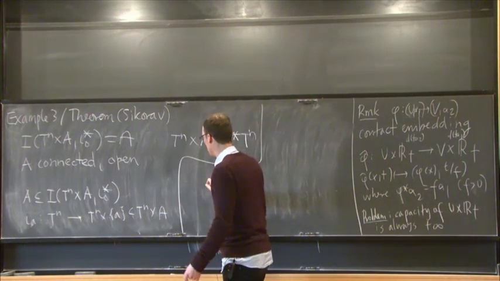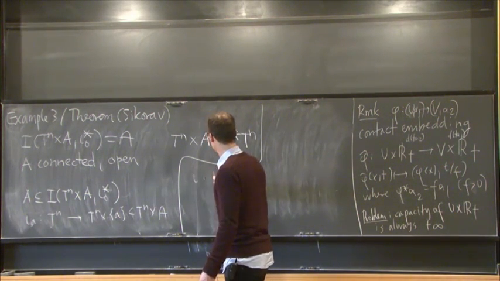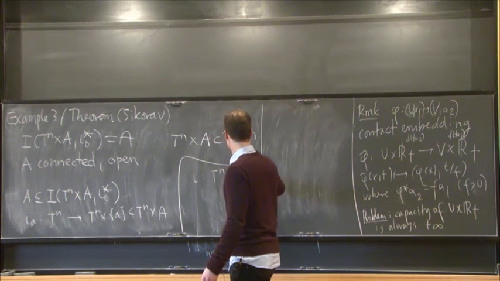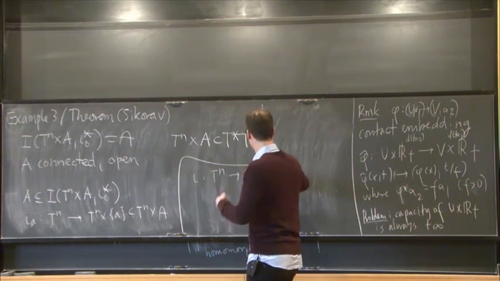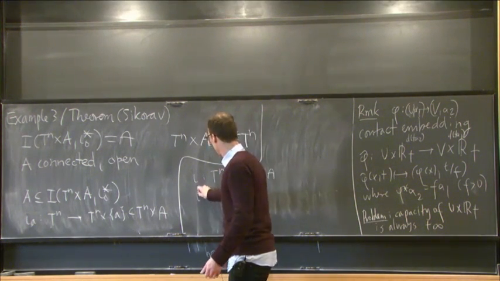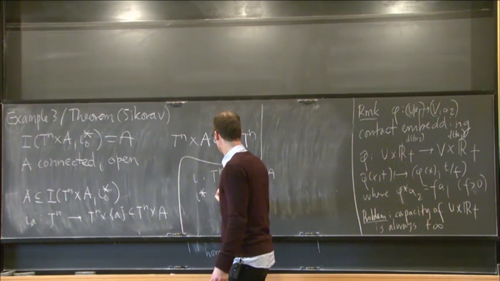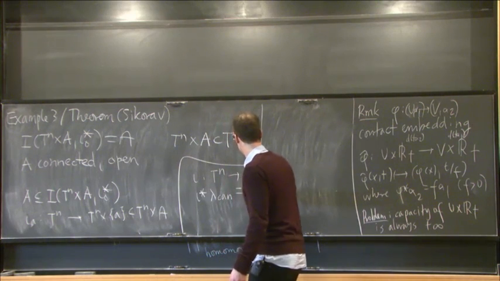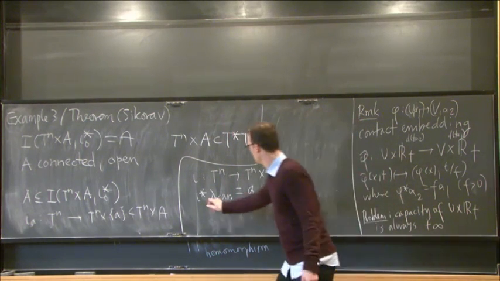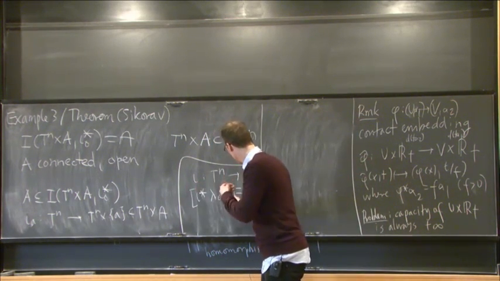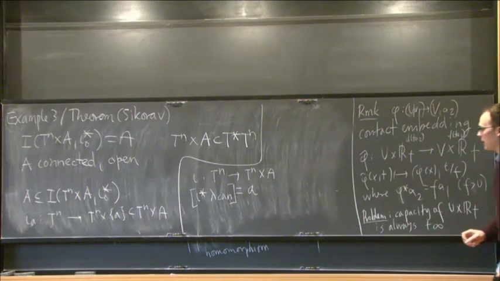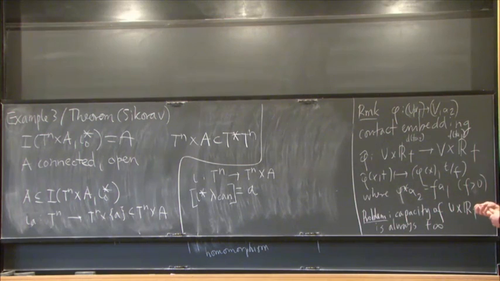So what you do is you look at some embedding and you assume that the period of that embedding is A. And you want to show that A lies inside the set A.